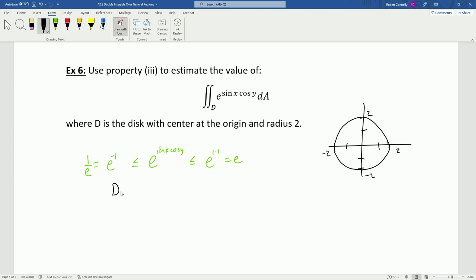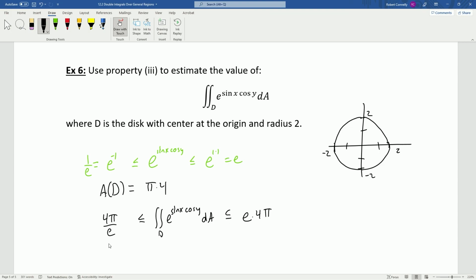Now, if we look at D, the area of D is given by pi times the radius squared, which is 4 pi. So that tells us that our double integral over D of this function is somewhere between e times 4 pi and 4 pi divided by e.